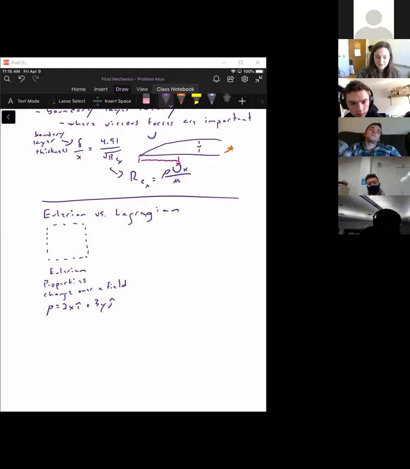Just made that up. But that's the point, it shows how the whole thing changes. And then Lagrangian would be you follow a fluid particle, meaning a little packet of fluid.